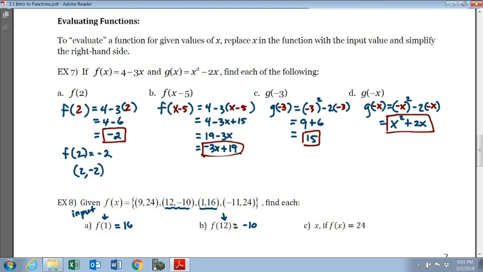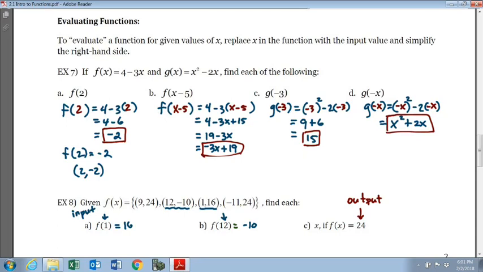Now letter C is kind of backwards. This time we're given 24. That's not our input. The input would be the x here. So we weren't given the input, we were given the output. We need to look for any points that have an output of 24.